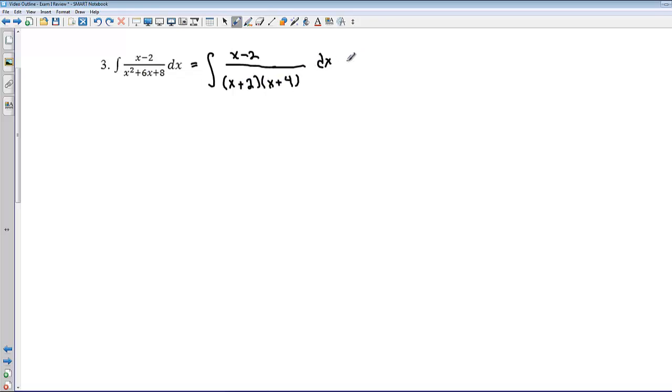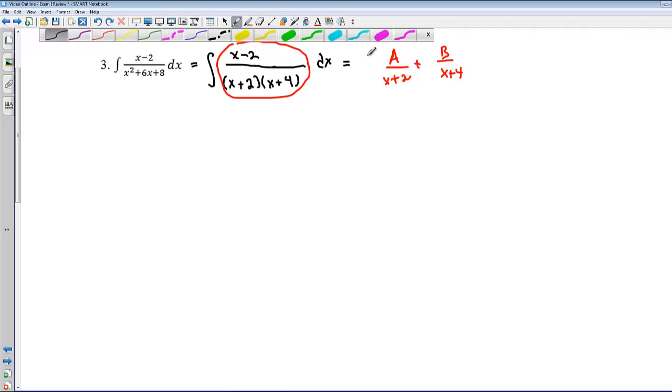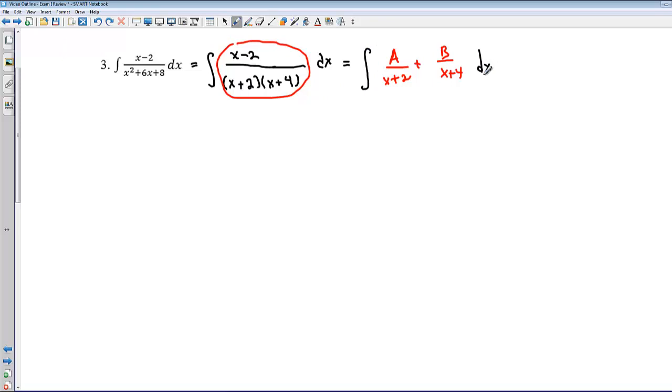And so what integration by partial fraction says is that this thing has a partial fraction decomposition. So it can be rewritten as a divided by x plus 2 plus b divided by x plus 4. And so if we can figure out what a and b are, then we can integrate these terms with respect to x and get our answer.